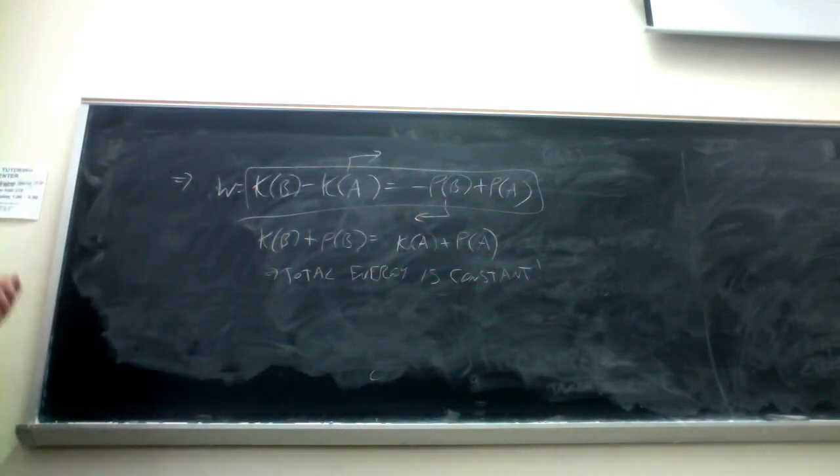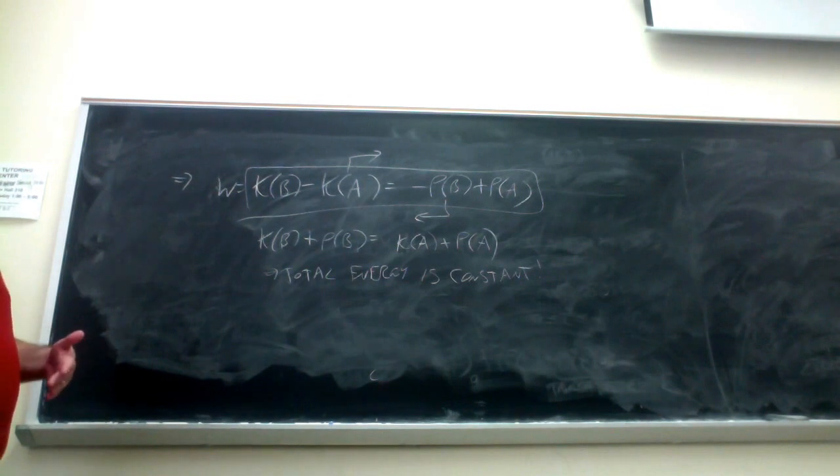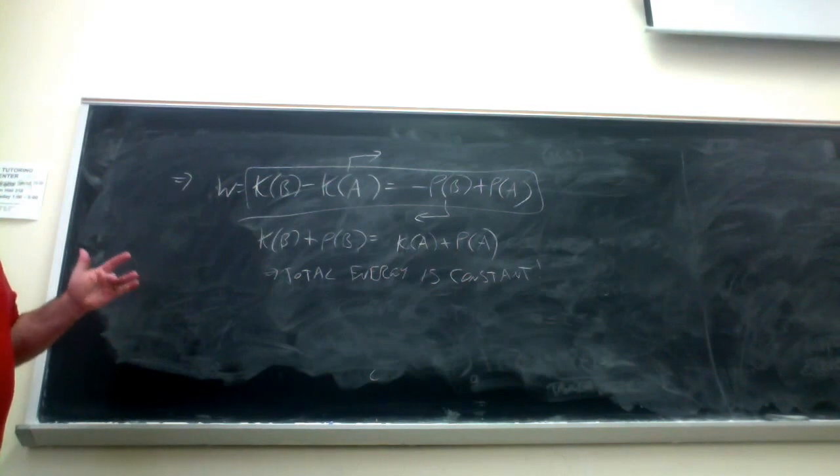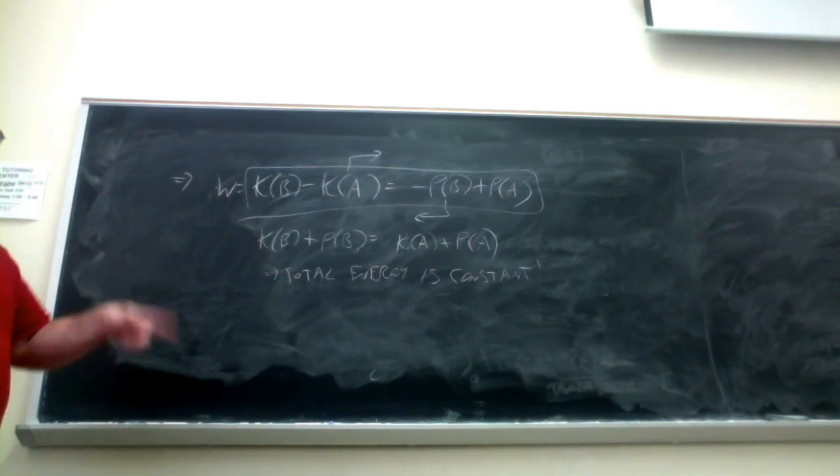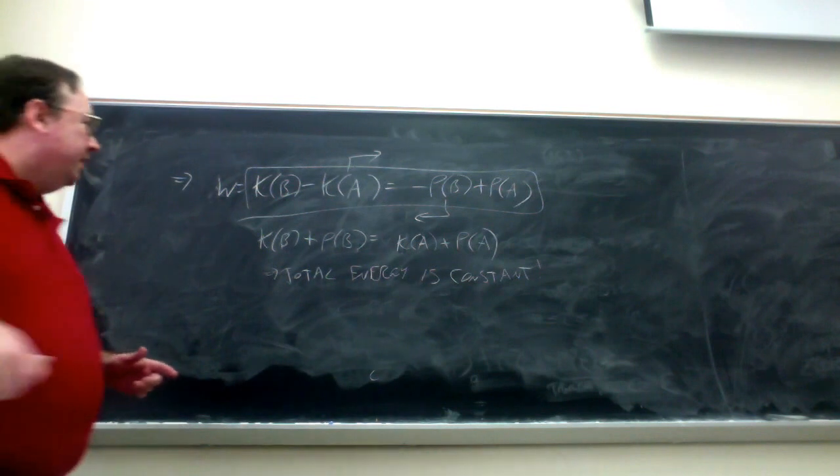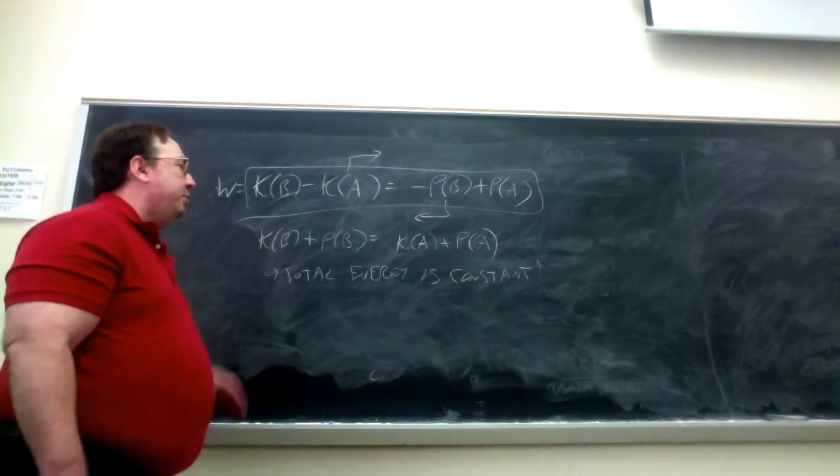The total energy, kinetic plus potential, at point A is unchanged from what you have at point B. Potential and kinetic energy individually will change as the object is moved along the curve by the force field F, but their sum is going to be invariant.